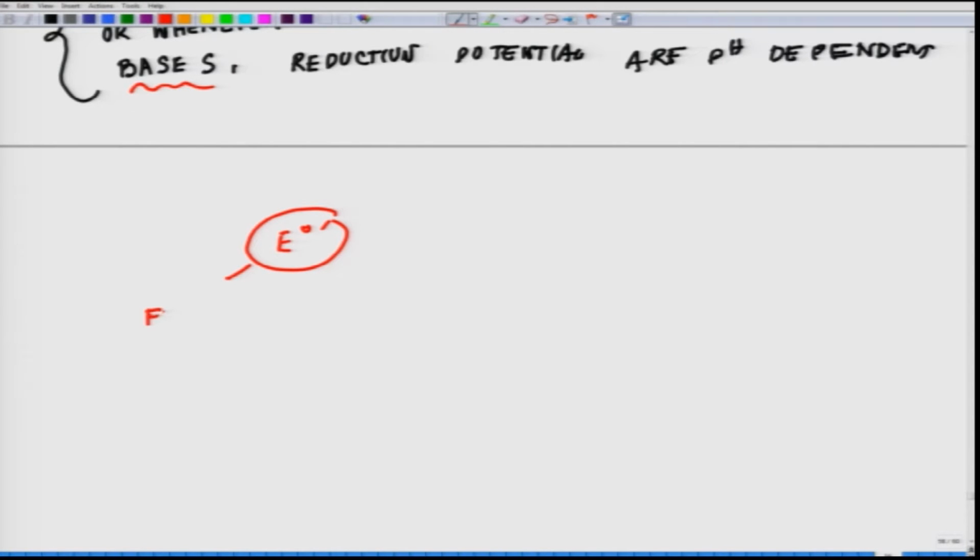This is what is used by the biochemist, the formal potential. So we are getting into the domain of bioelectrochemistry.